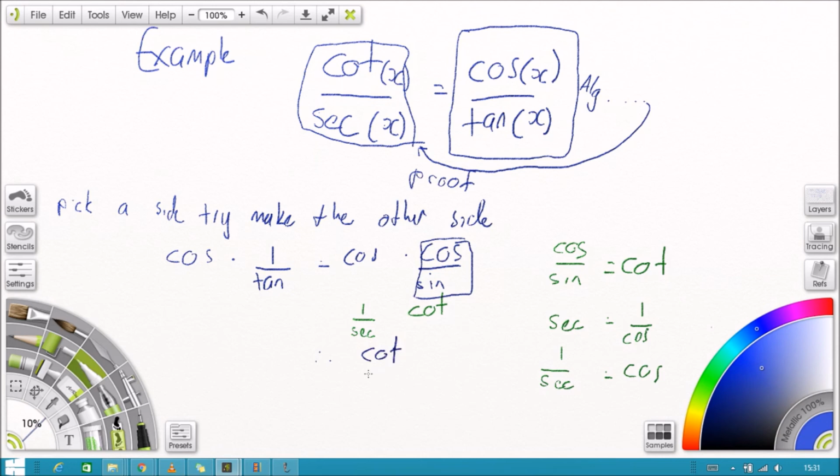Now just a bit of algebra, it's just messing about until you find the side that you wanted to find. So I've taken the right hand side, I've ended up with the left hand side as it looks there. That's a proof. That's what we need to do.